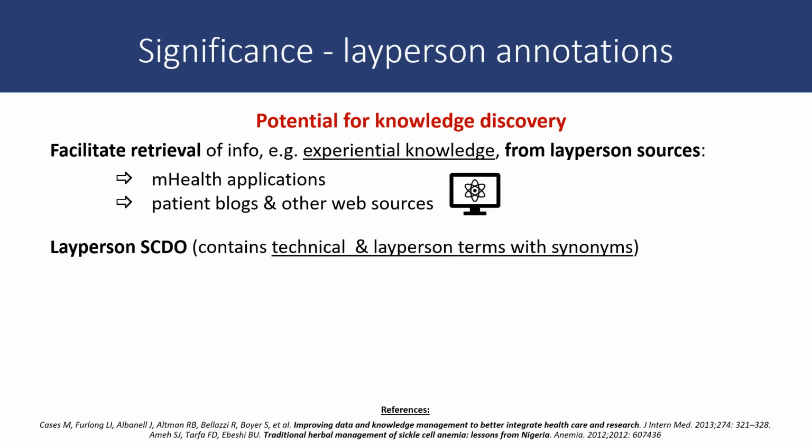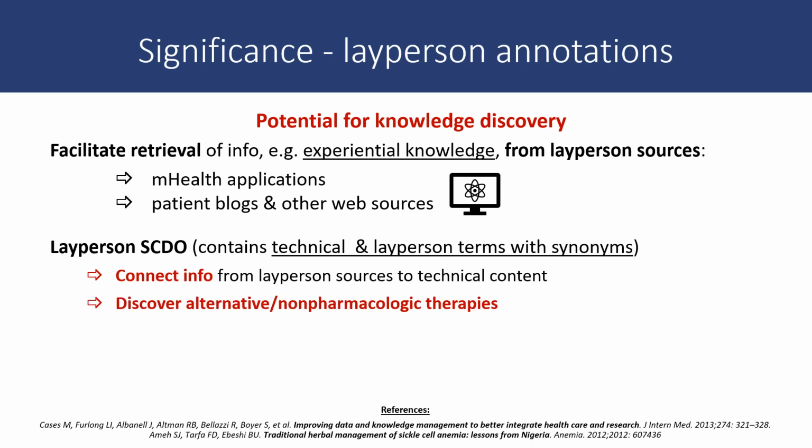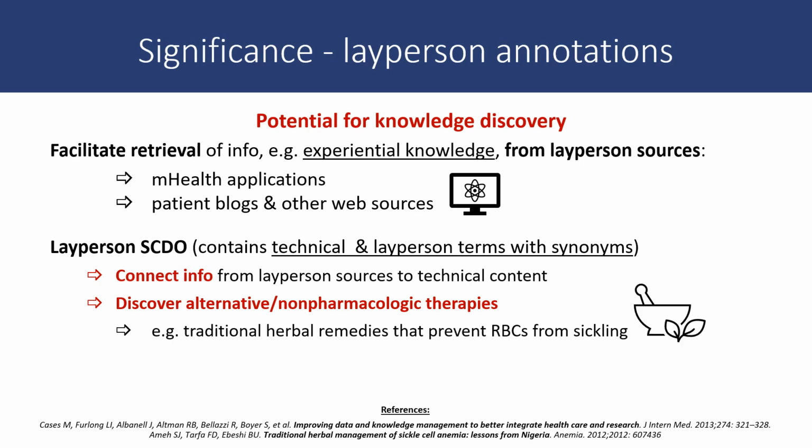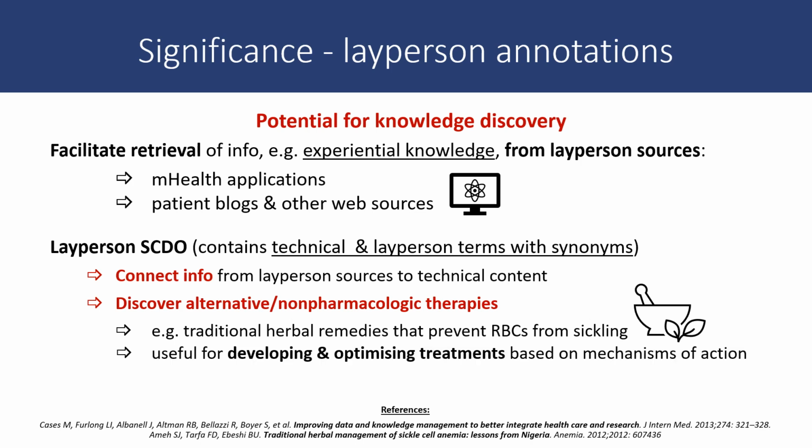The layperson SCDO, which contains technical and layperson terms with synonyms, could then be used to connect this information to the more technical content produced by the traditional scientific world, which could make it possible to discover alternative non-pharmacologic therapies used by patients, for example, the use of traditional herbal remedies to prevent the sickling of red blood cells, which could be helpful for developing and optimizing treatments based on the mechanisms of action of such alternative therapies.